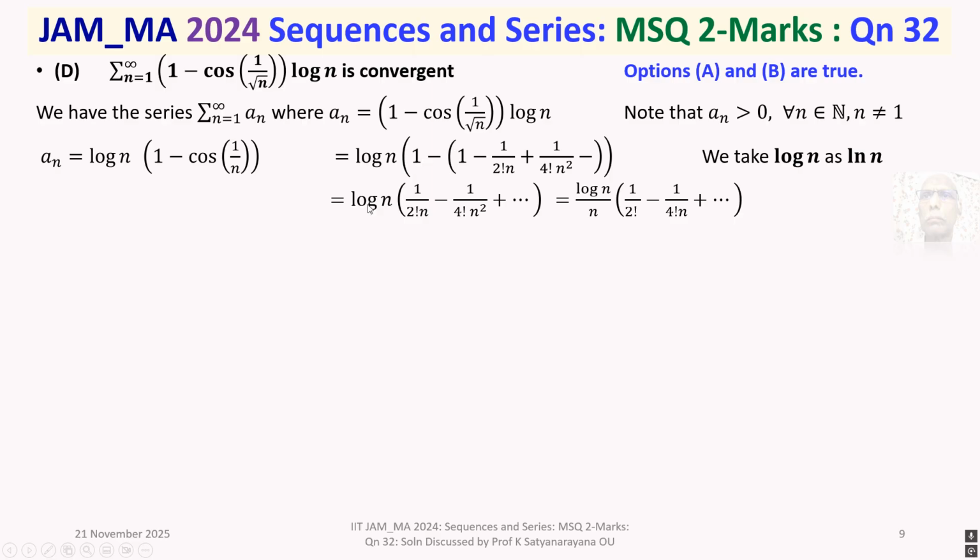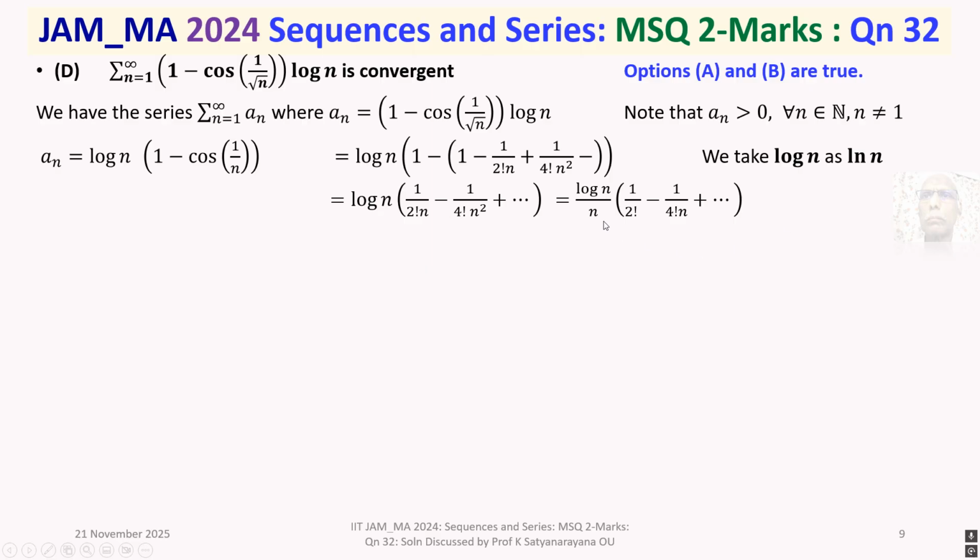So 1 and minus 1 cancels, and you are left with log n into (1 by 2 factorial into n minus 1 by 4 factorial into n square plus so on and so forth). From the bracket, we can take 1 by n common. That will be log n by n into (1 by 2 factorial minus 1 by 4 factorial into n plus so on and so forth).